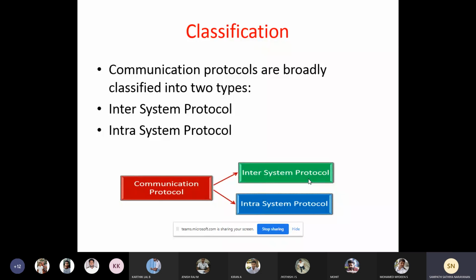For example, in a motherboard, in any PC or laptop, you will have many ICs which are very close to each other, and if they want to establish communication between them, it is called intra-system communication. IC to IC communication on board a system is called intra-system communication.